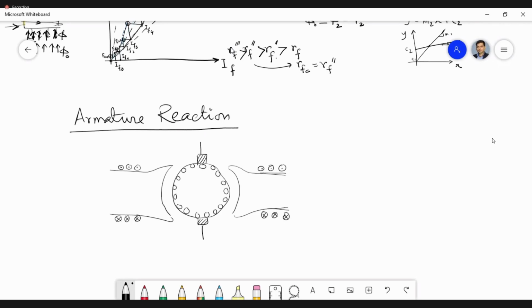Can you tell me which one is North Pole in this case? And which one is South Pole? Left is north. Why?